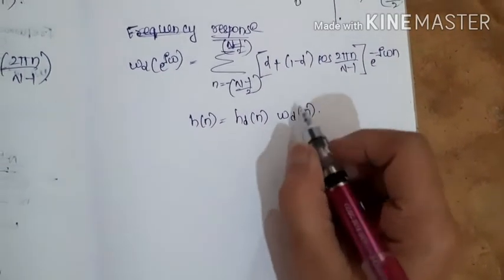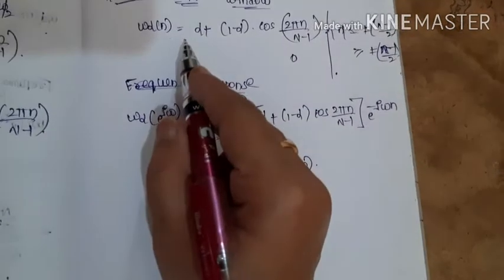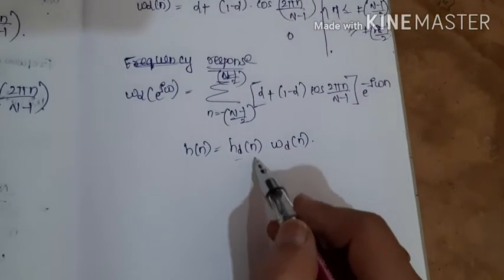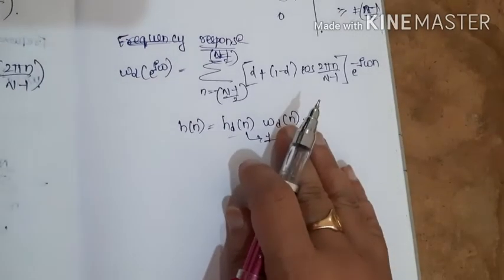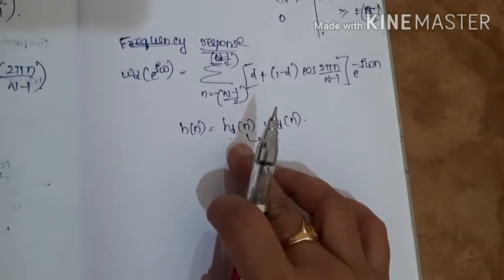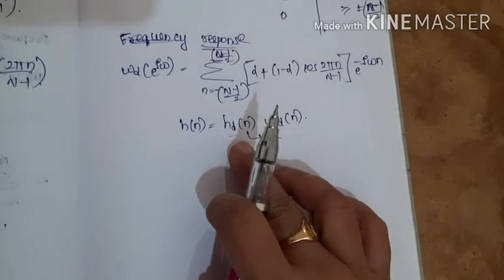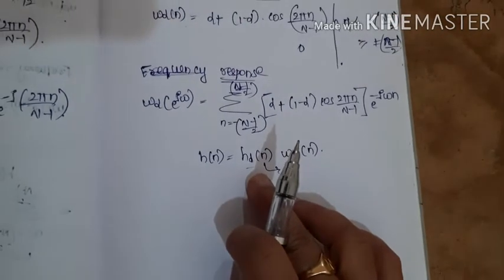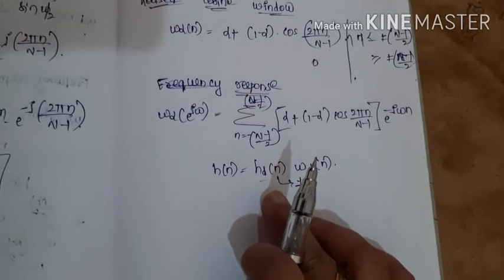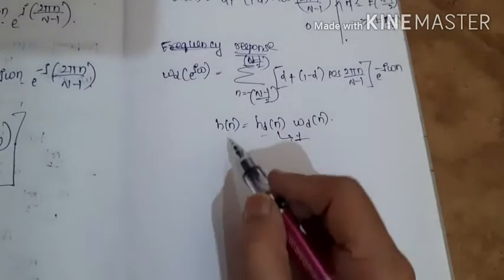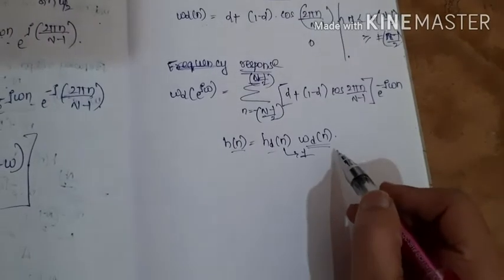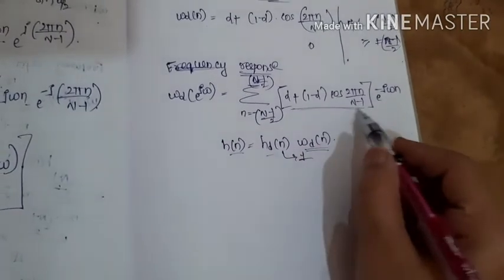Here wd of n is w alpha of n, and hd of n I am considering as 1. For every window function we can consider this desired function as 1. So to analyze each and every window, we can consider it as 1 or neglect it. So directly h of n is this window function. That's why I have written it like this.